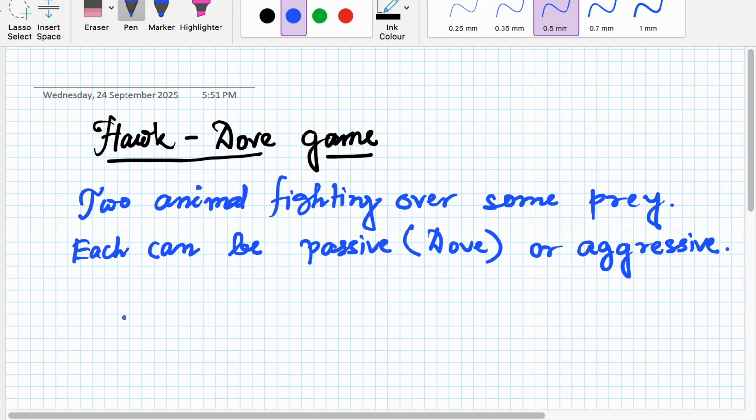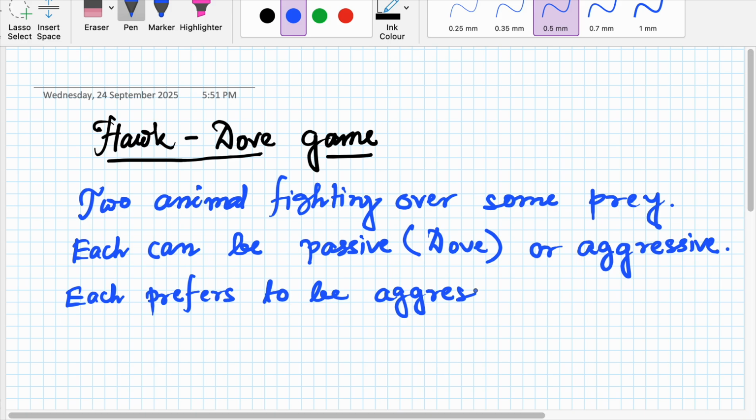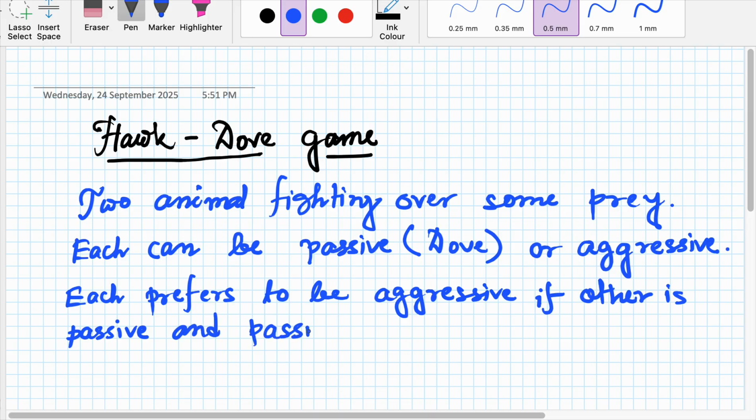Now each prefers to be aggressive if the other is passive, and passive if its opponent is aggressive.